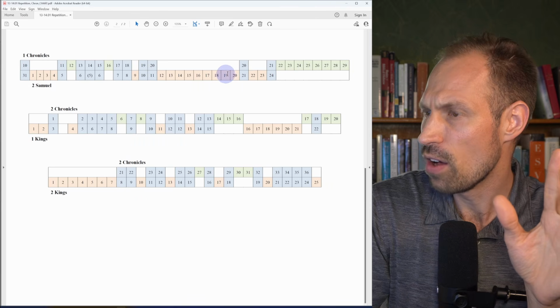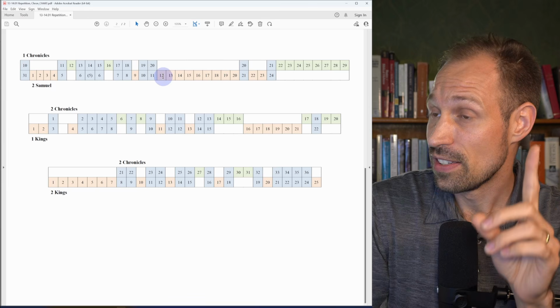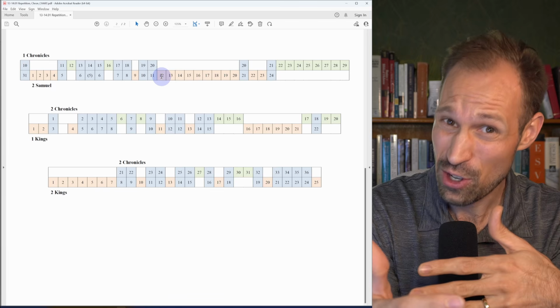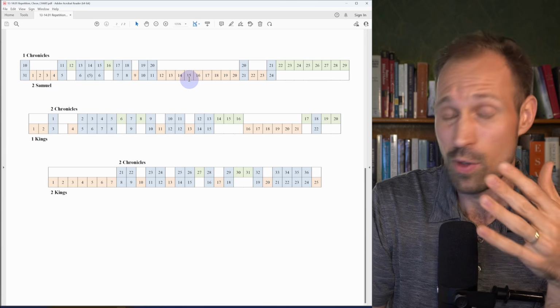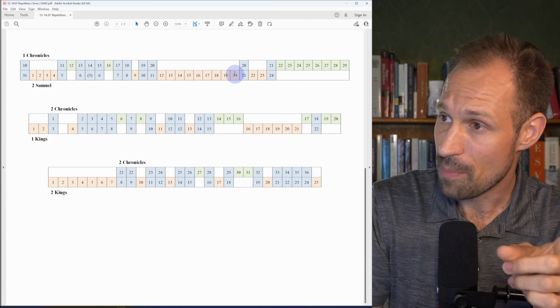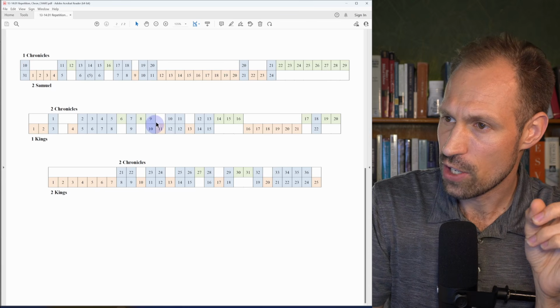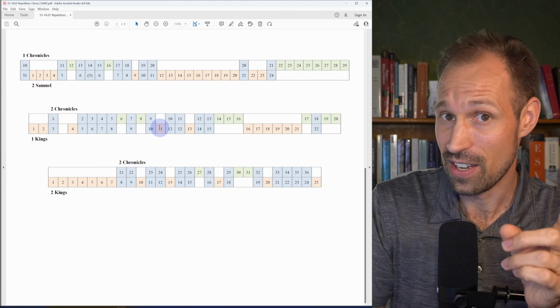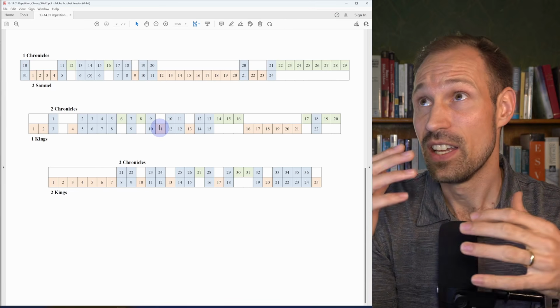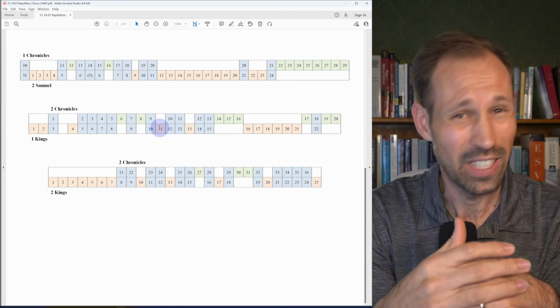That is also why the chronicler removes this string of chapters from 2 Samuel 12 to 20. Remember, in chapter 12, that's when David commits adultery with Bathsheba. And then in 15, we have the rebellion of Absalom. And in 20, the rebellion of Sheba. And then do you remember that unfortunate chapter, 1 Kings 11, which talks about Solomon's many wives and the temples that he built for their foreign gods?